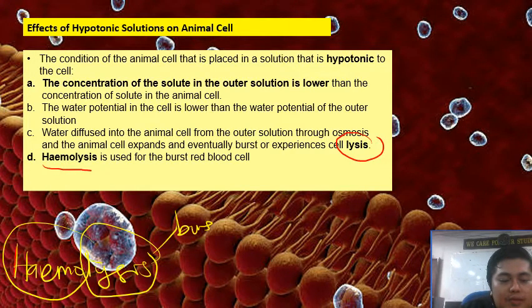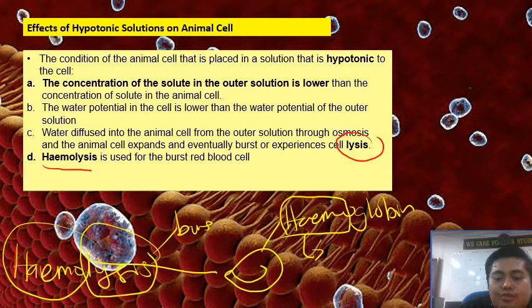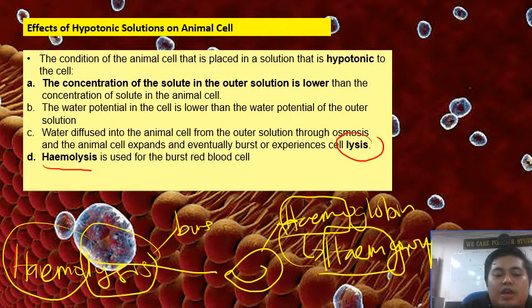Kenapa ada hemo kat depan dia? Hemo kat depan ni sebab kat dalam sel darah merah kita ada hemoglobin. Kenapa kita panggil dia hemoglobin? Sebab dekat dalam hemoglobin kita ada satu protein yang kita panggil dia sebagai heme group, kumpulan heme. So heme ni yang merujuk kepada hemoglobin, yang merujuk kepada hemolysis.